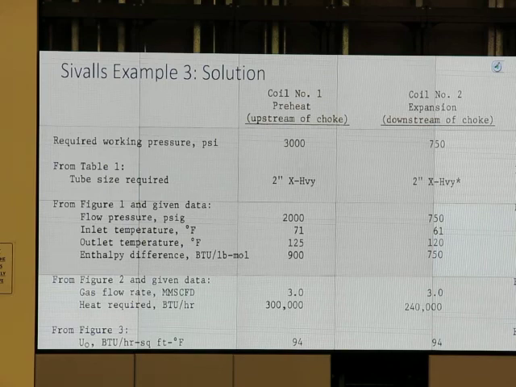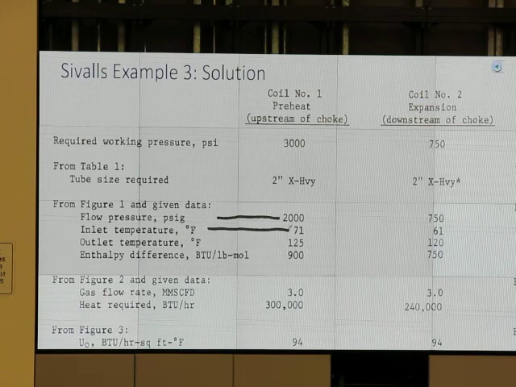Okay, next. We know that we have choke from 2000 to 750. Is it to 750? Okay, inlet temperature 71. 71 is right at the hydrate temperature. Outlet temperature 125. Enthalpy difference is, I think this one is a typo, it's not 125. Enthalpy difference is 900.